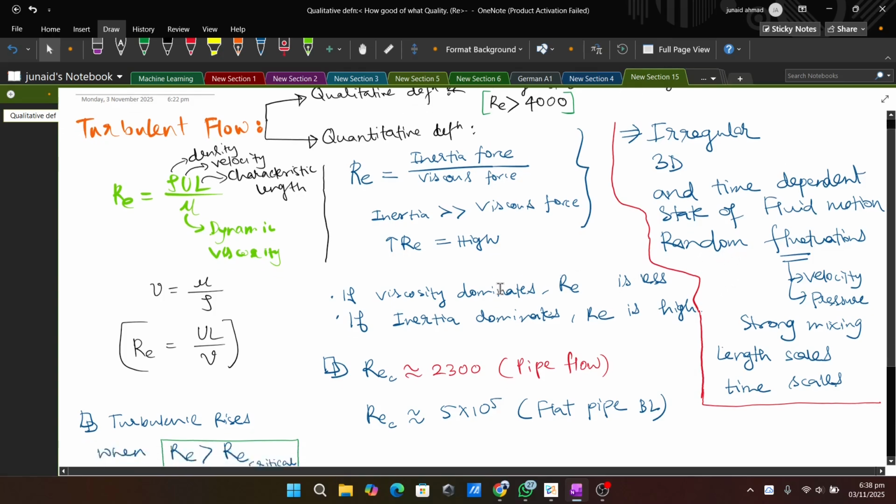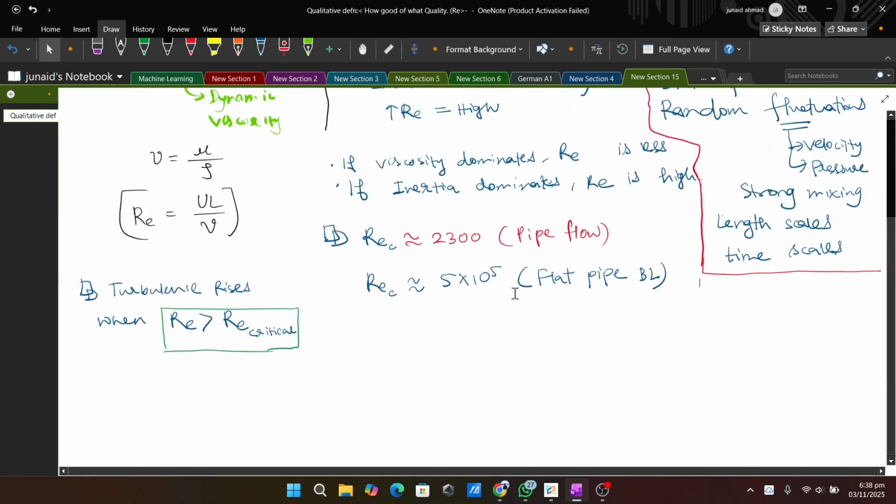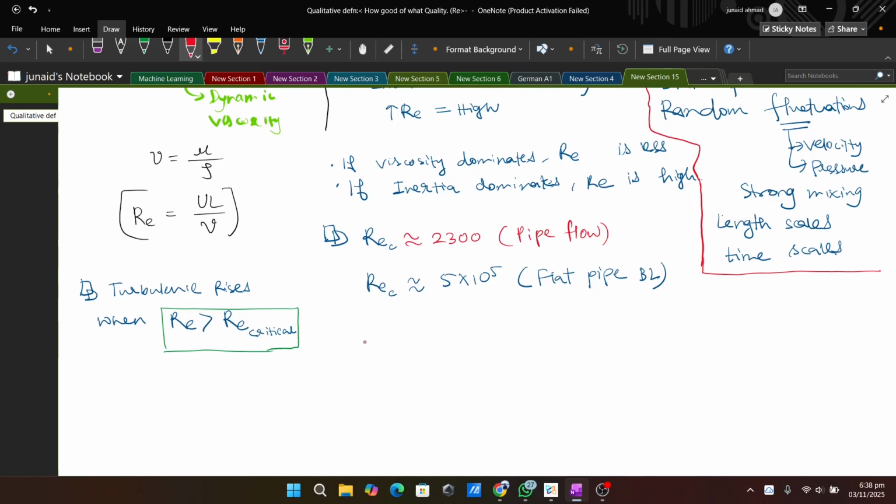In order to understand them in a better way, let us draw a graph. That graph will make it very easy. Also, let us write down the critical Reynolds number. In case of flow past a sphere, the critical Reynolds number is approximately 5 times 10 to the power 5.